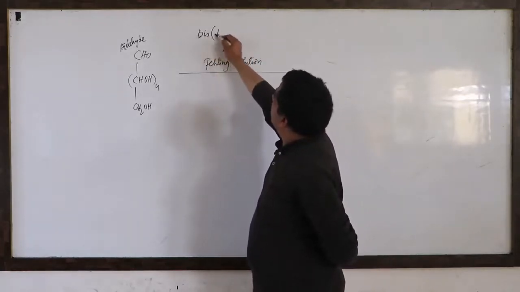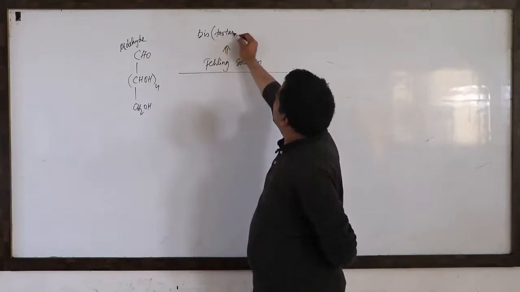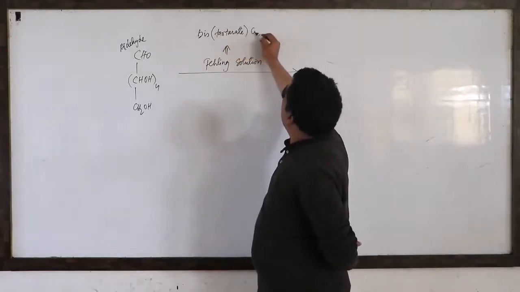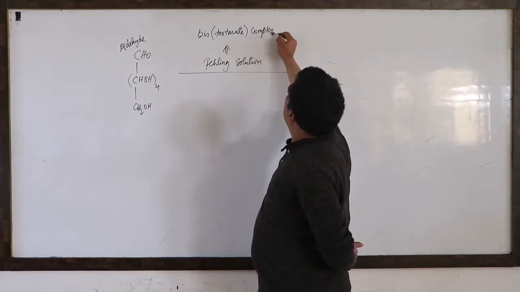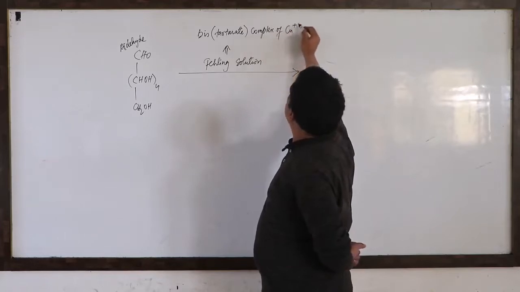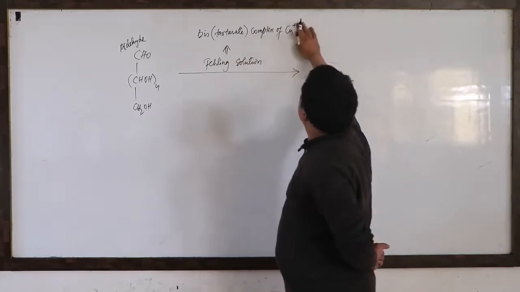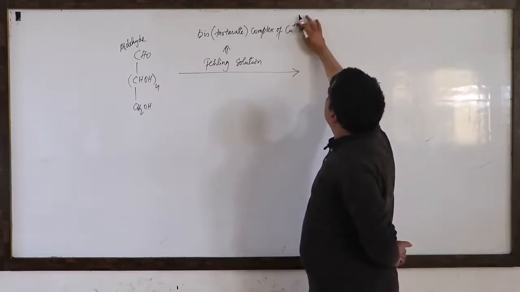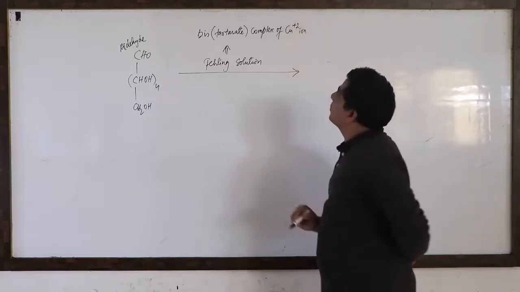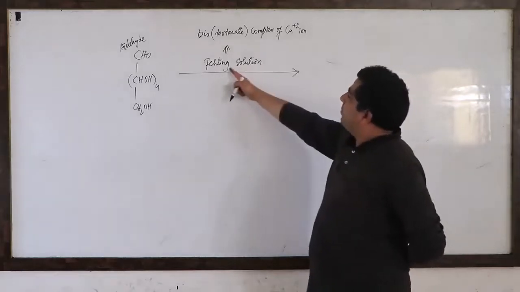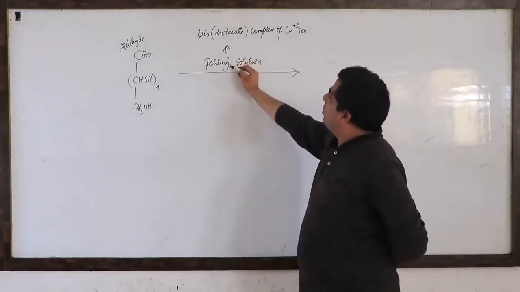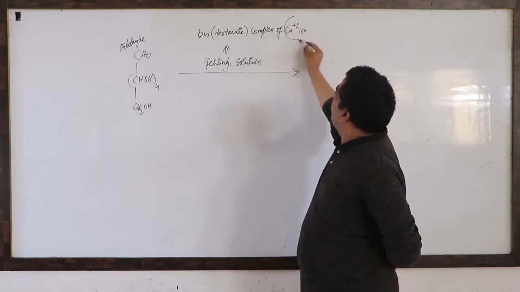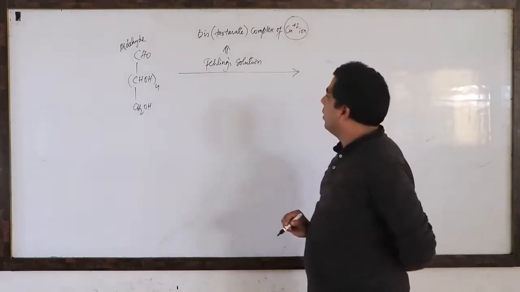It's a bis tartrate complex of Cu plus 2 ions. That means this Fehling solution will give me copper ion. This copper ion I need. Correct? So what is happening?